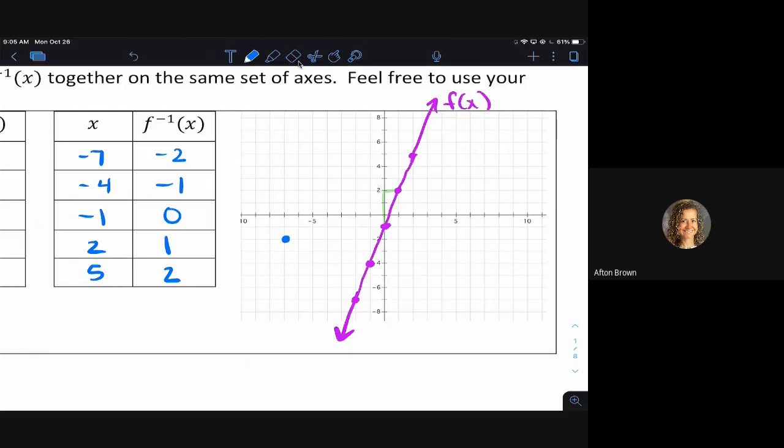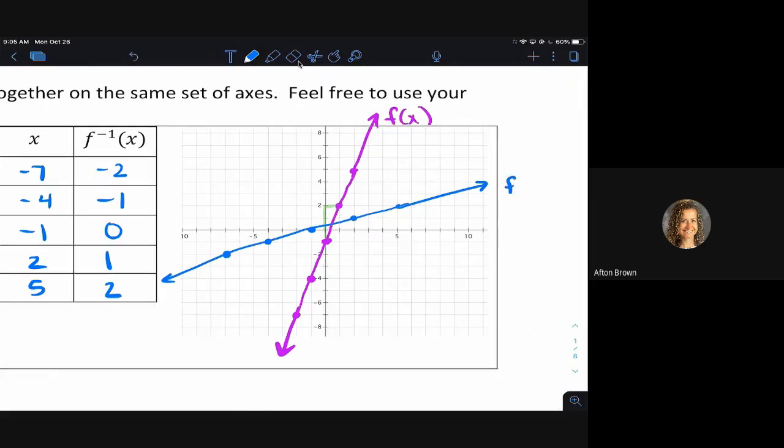You guys continue. Never trust me, I make mistakes. -4, -1. I'm going to label that one too. The inverse is that little -1, to indicate it's the inverse of the other function.